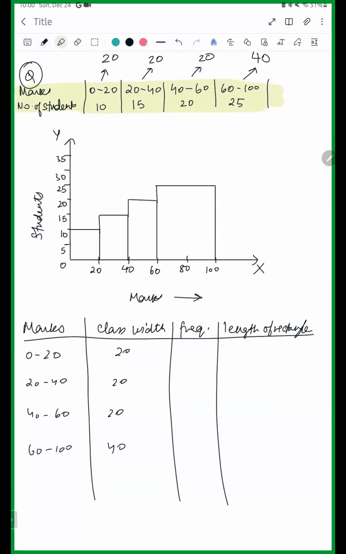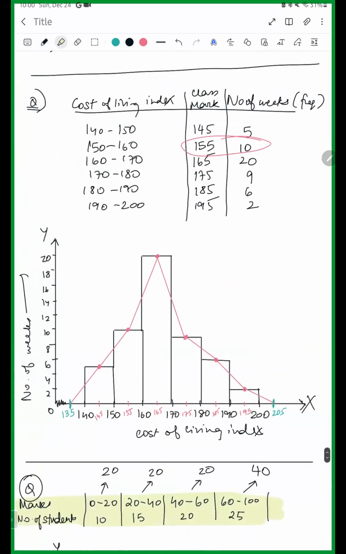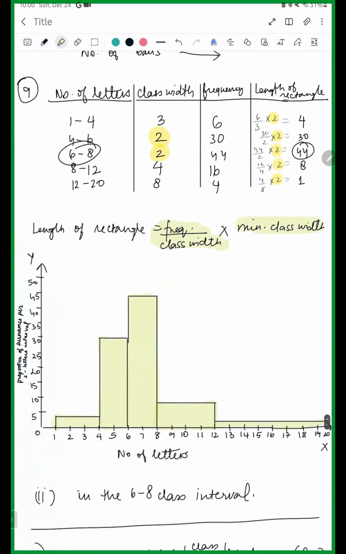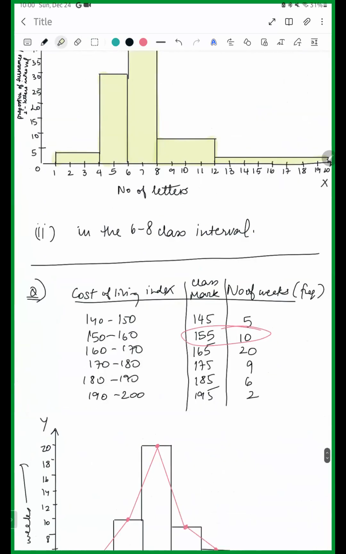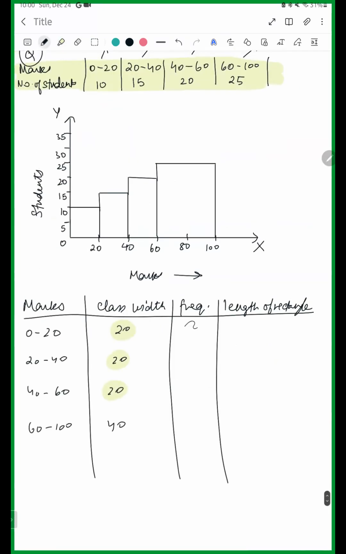Minimum class width. Remember, what did we discuss? That even in this one, we had to identify what is the minimum class width out of all of these. So that one we will identify. The minimum here is this 20. Frequency, we will just copy it down as it is.